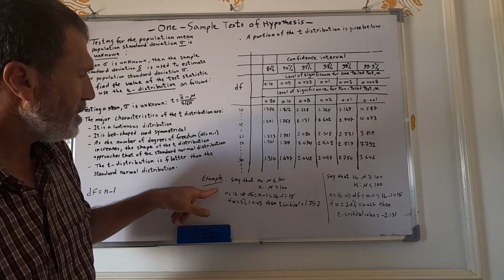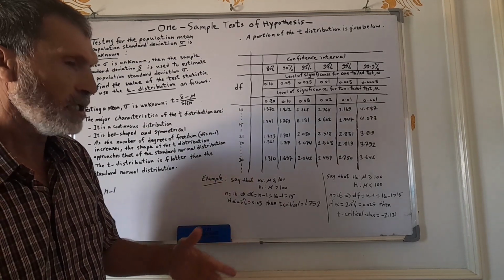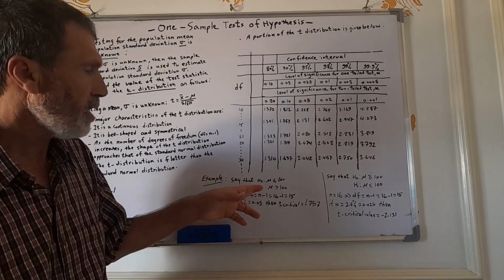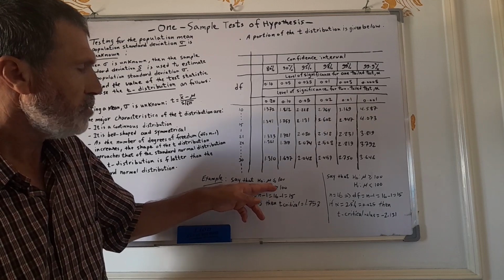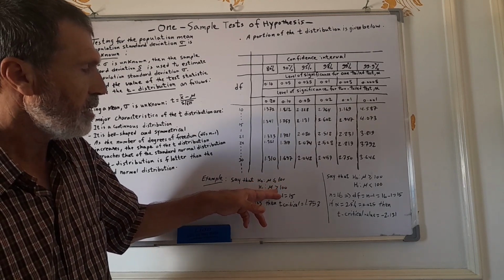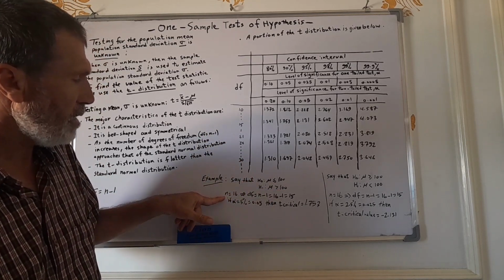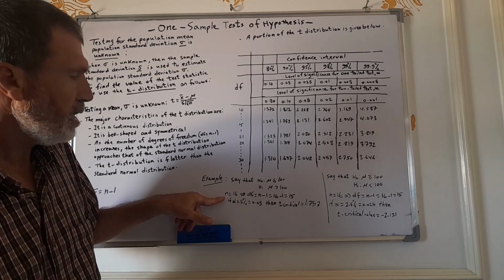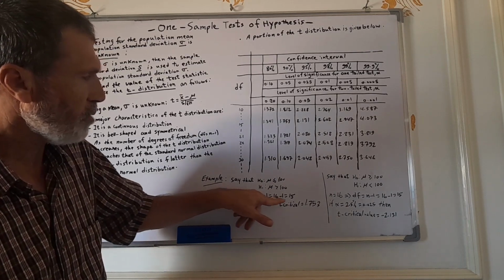Say, for instance, we have this example here. After we set up the null and alternative hypotheses, we come up with the null hypothesis, mu less than or equal to 100, and the alternative hypothesis, mu greater than 100. Say that the sample size is 16. So we calculate the degrees of freedom, and we come up with 15.